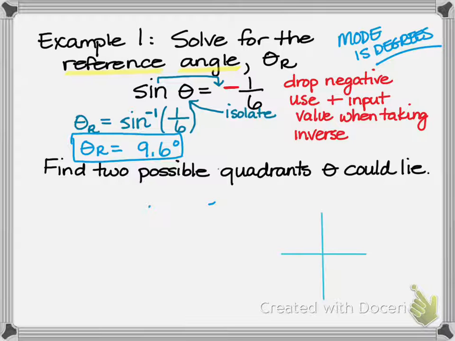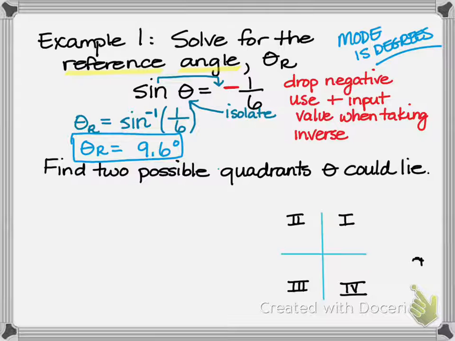All right? Okay. Now, the next question for this same problem is we need to find two possible quadrants that this angle could lie in, okay? Now, here's the thing. We have 4 quadrants. We have quadrant 1, quadrant 2, quadrant 3, and quadrant 4, okay?